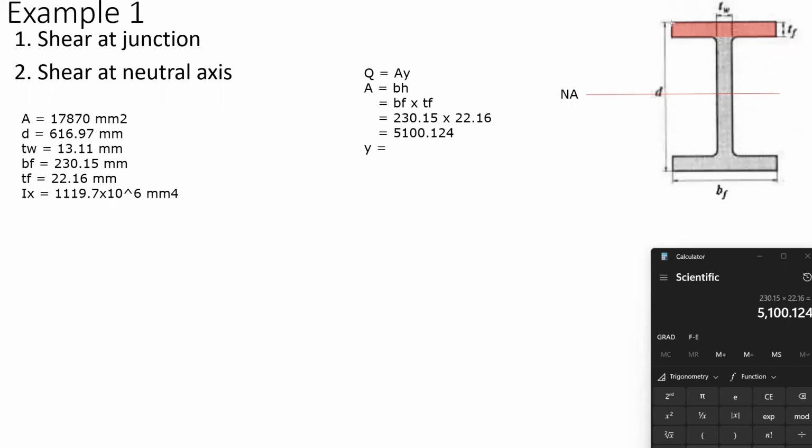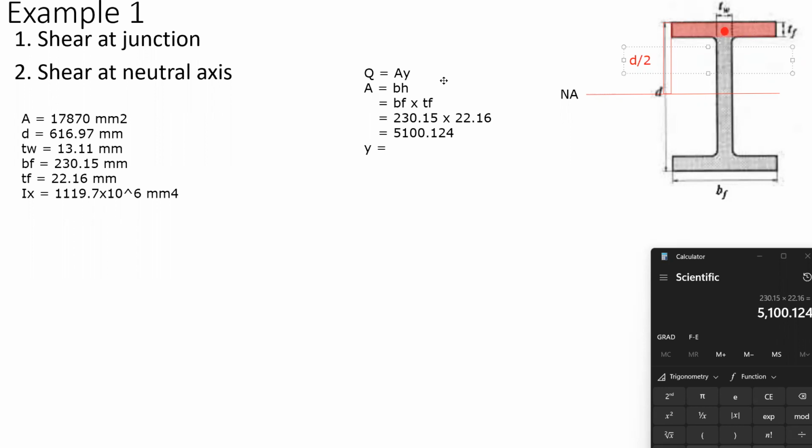We take this height, and this would be equal to D over 2, and we subtract half of the height, because our point would be in the middle here.